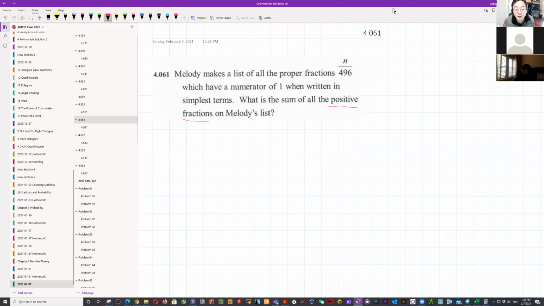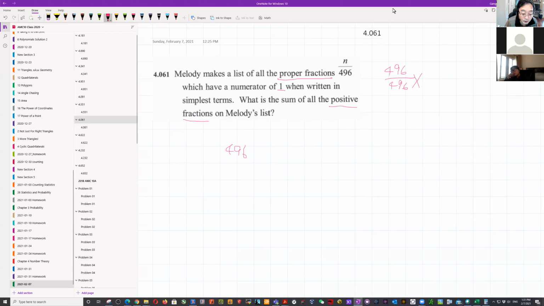The fraction, when simplified, having 1 means that it's a proper factor, a proper fraction. So it's not including 1 over 1 and 496 over 496; those are not included. So basically we are trying to find all the factors of 496.